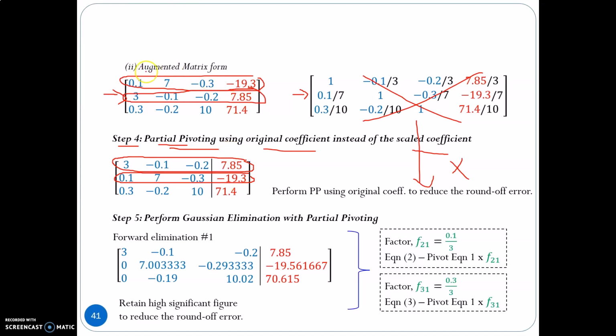And don't forget, for the augmented matrix format, you need to have a line here to indicate the system matrix and the right hand side function.